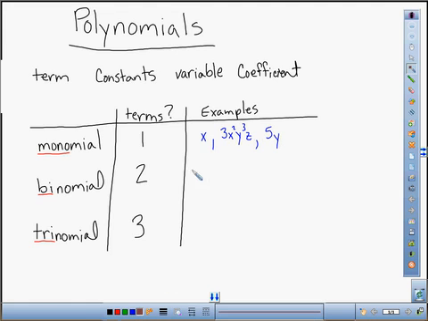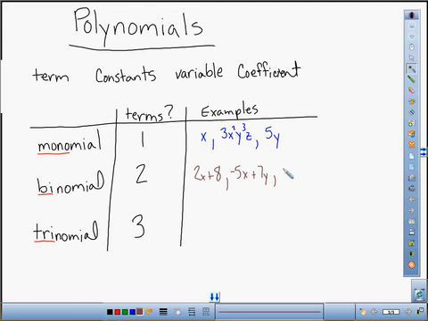Binomials have two terms, so something has to be added or subtracted. We have to have two things that are either being added or subtracted. So I could have something like 2x plus 8. I have two things, they're being added. Negative 5x plus 7y.